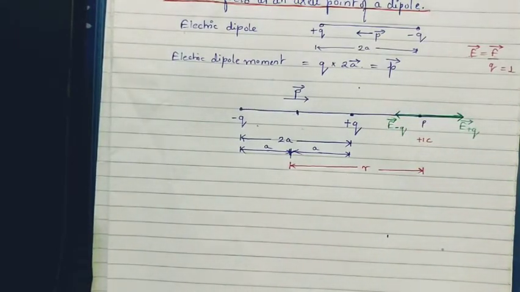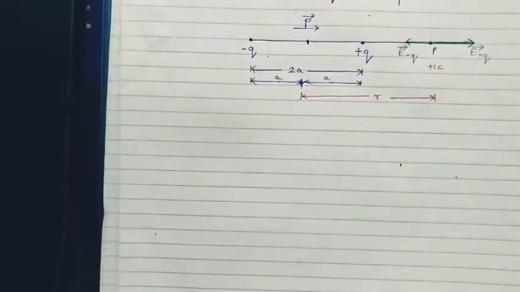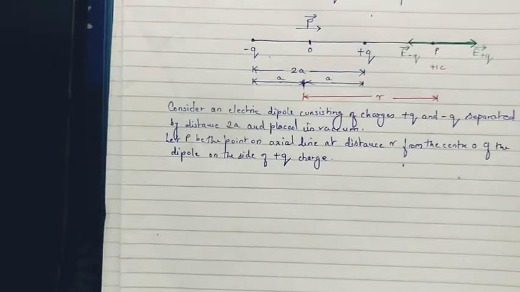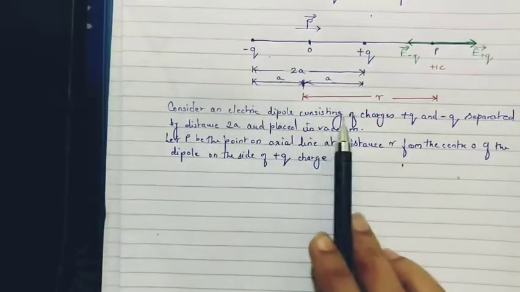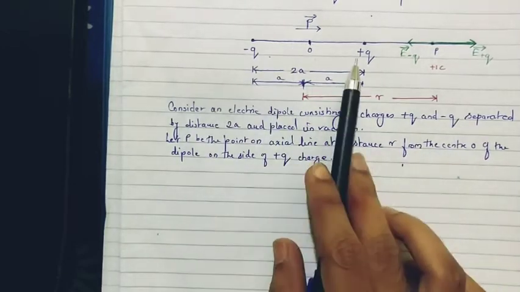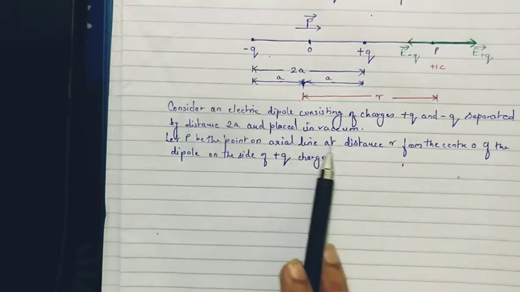Okay, so I'll write it for you over here. So let's write down the description, how it should come in the exam. Okay, so here we go. We write, consider an electric dipole consisting of charges plus Q and minus Q, separated by a distance of 2a and placed in vacuum. Let P be the point on the axial line.